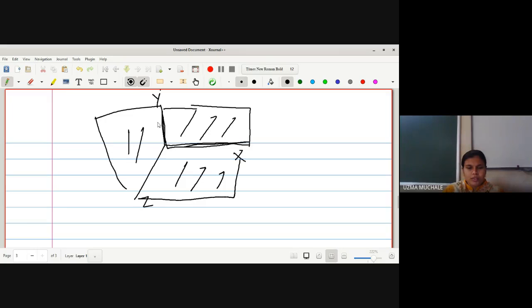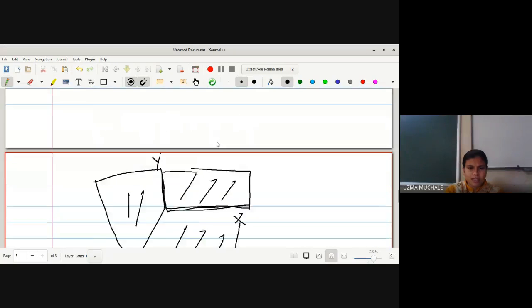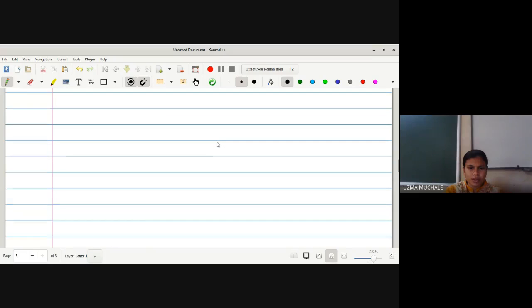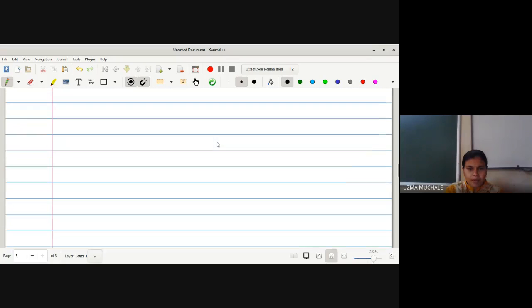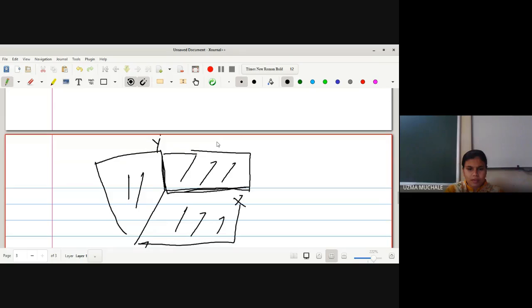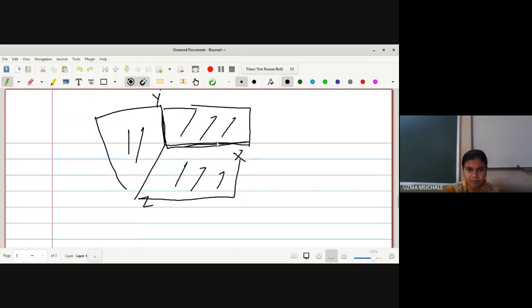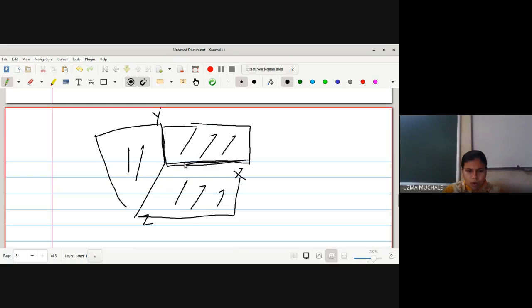Correct? So these are the planes x, y, y, z and z, x, right? Just like these equations, they will also have some equations. So whenever you have these types of equations, what will be the common solution for this system?